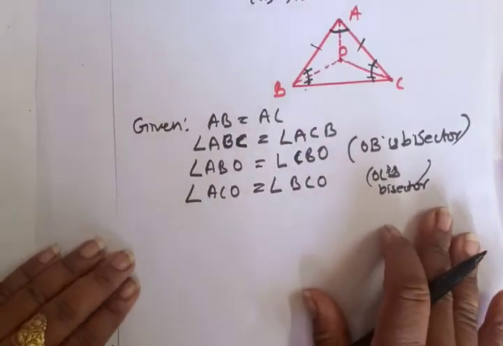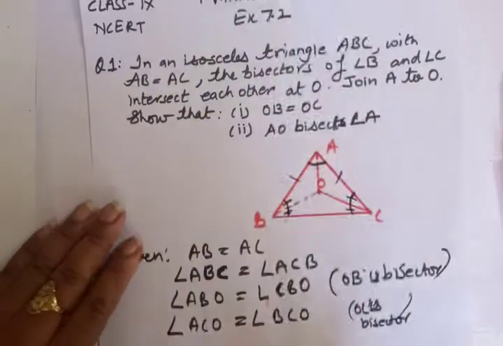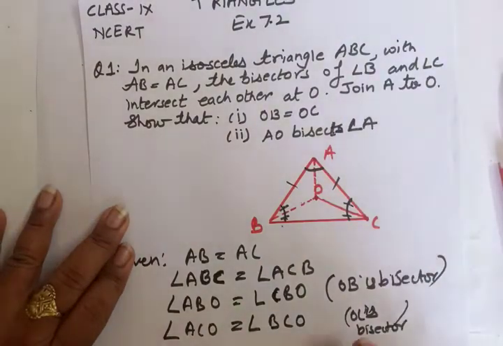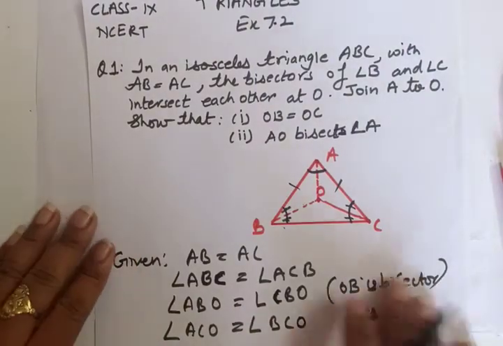Now to prove, we know that what to prove is very clearly given, but we will write it, okay, because we need the half marks. Why should we lose our half marks?